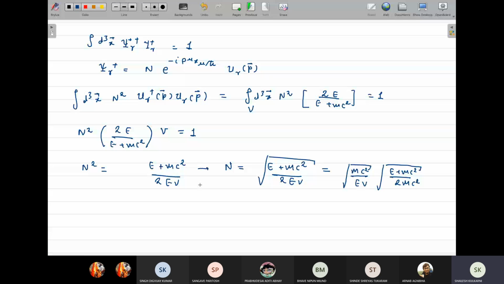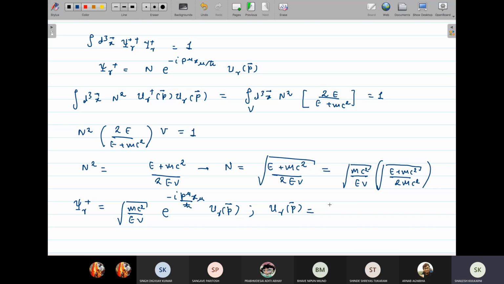So this psi_r plus is equal to the square root of mc square divided by EV, times e to the power minus i p_mu x^mu by h cross, and this u of r, p. Now I will insert this factor into u of r, p, so it will be the square root of E plus mc square divided by 2mc square.